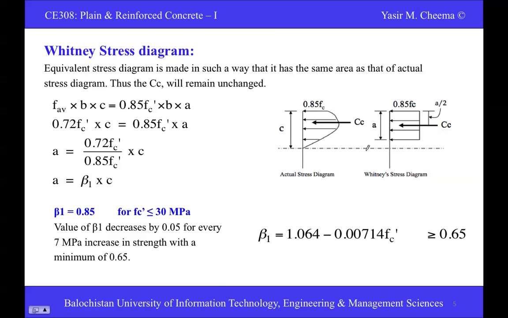Whitney stress diagram, Whitney stress block. Actually, this is an equivalent stress diagram that is made in such a way that it has the same area as the actual stress diagram.